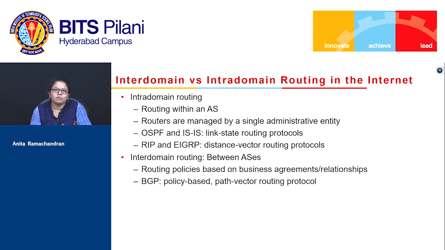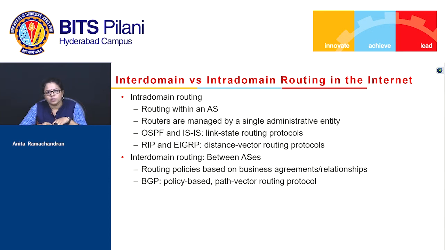Examples are, for Sprint, 1239, 1240. These are ASN numbers that are assigned to Sprint autonomous systems. Autonomous systems belonging to AT&T are assigned numbers like 7018, 6341, 5074, etc. So these are well-known numbers. They are allocated by a central agency. So that's the concept of an autonomous system, and intra-domain routing refers to routing that happens within an autonomous system.